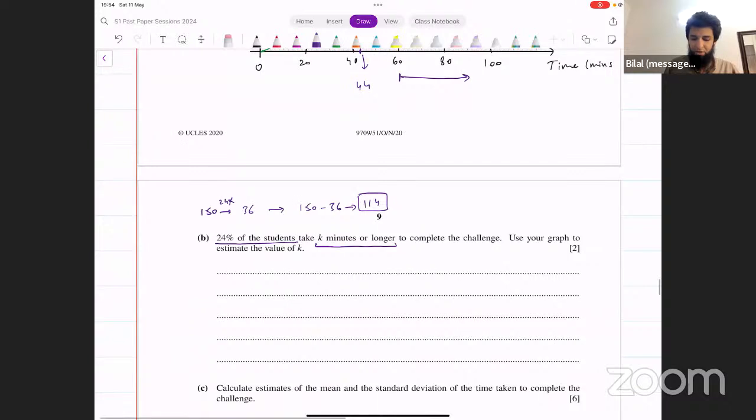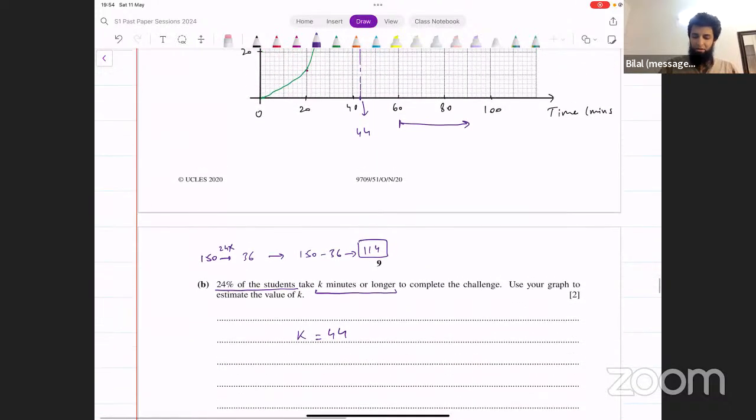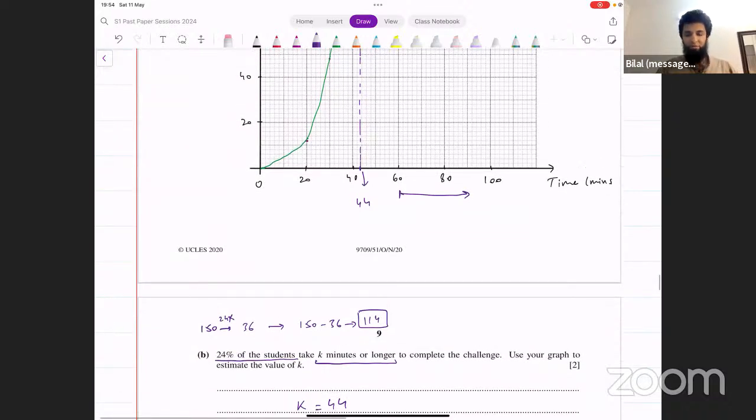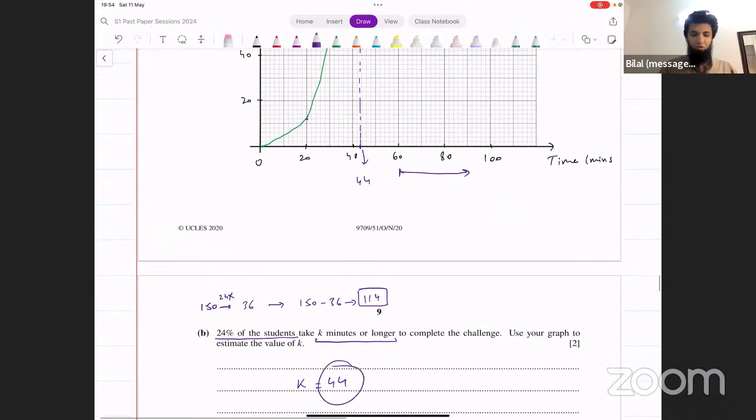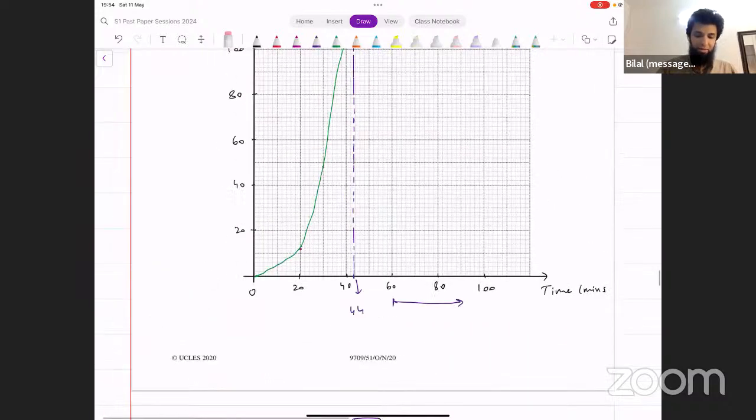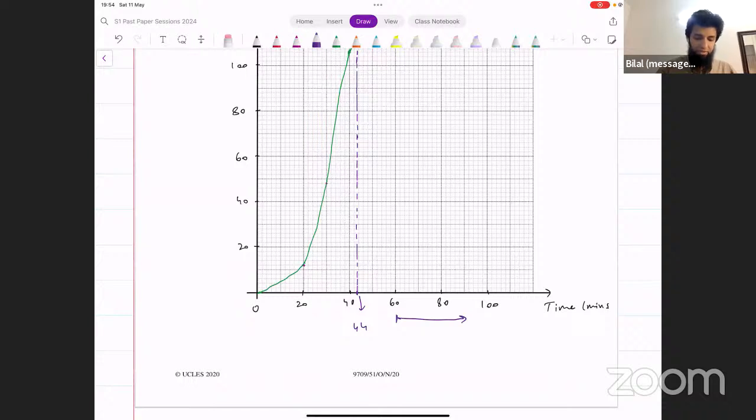And that's the value of k that you would write here, that there are 24% of the students who take more than 44 minutes to complete the challenge. Okay, that's the result that we have here, k equals 44. If it said less than k minutes, then we would be counting those 36 students from the bottom.